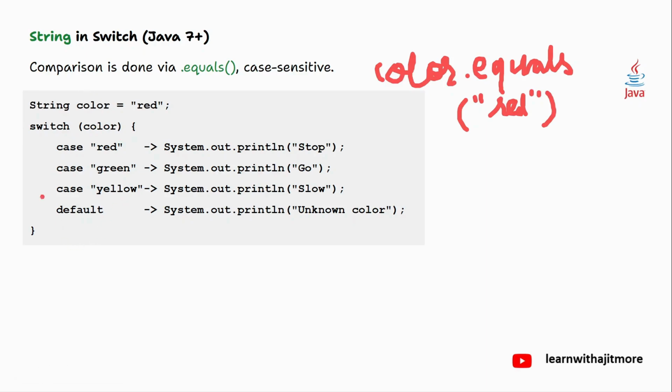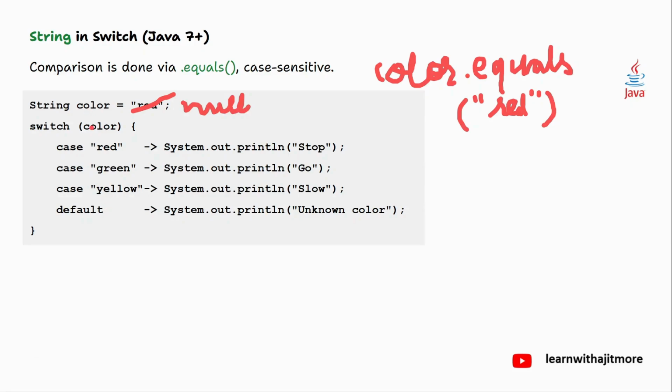Correct? The only problem in this case is if suppose this color contains null, because it's an object. As it's an object, can you store null in it? Yes. String color equal to null, if it is containing. And you have written this switch case. In that case, it may throw null pointer exception. Why does it do like that? Because I've shown you it is calling this equals method for comparing.